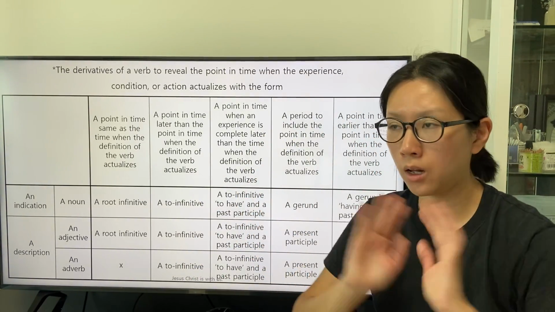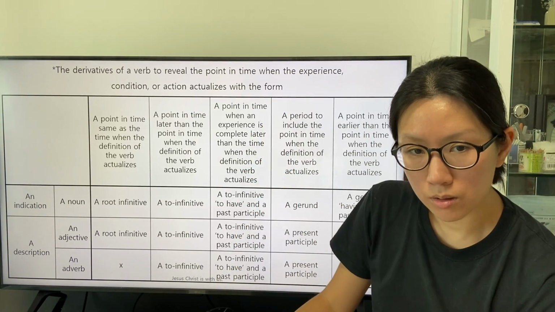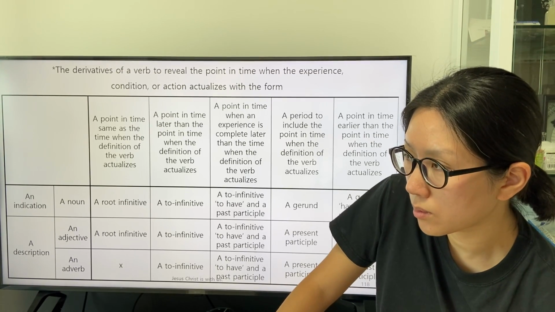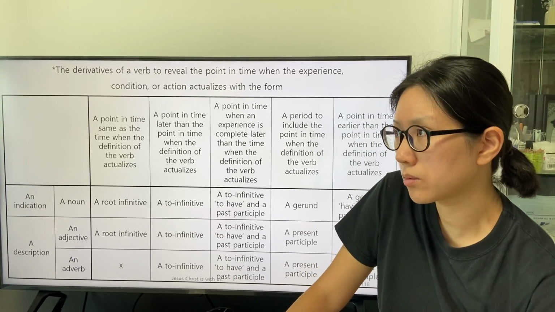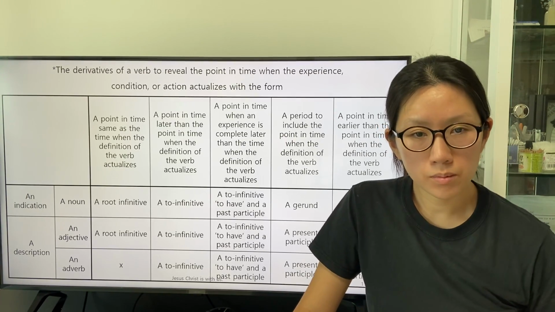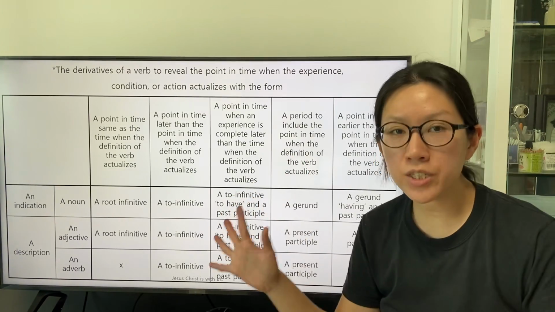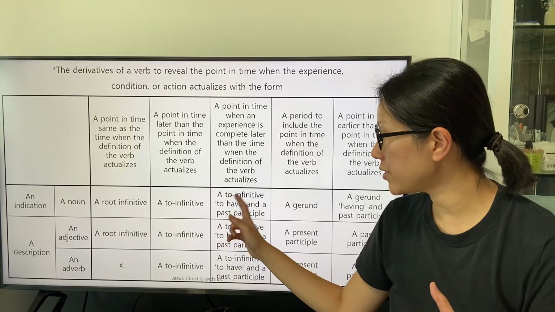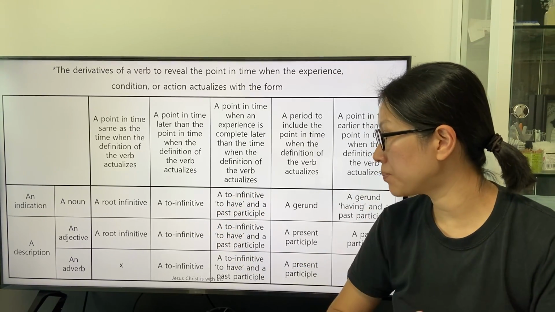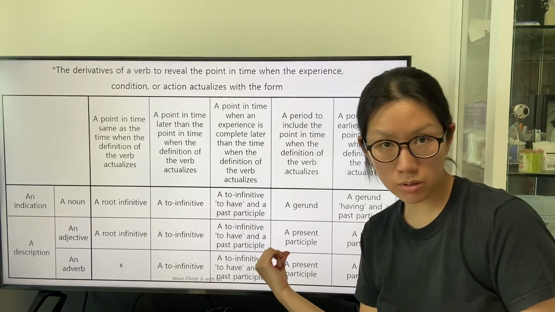And in the third column, the combination of the to infinitive, to have, and a past participle is introduced.